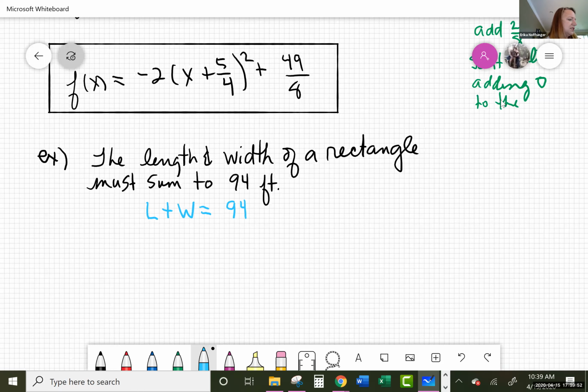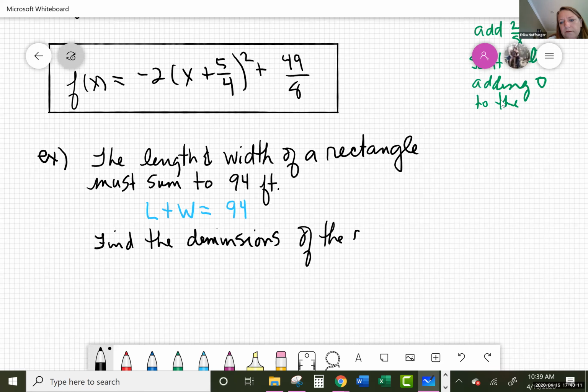Find the dimensions of the rectangle whose area is the largest possible. So find the dimensions of the rectangle that makes the area the largest possible.